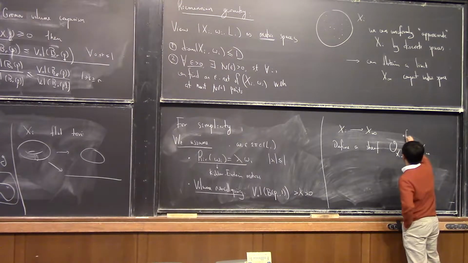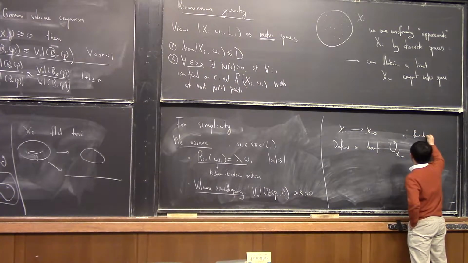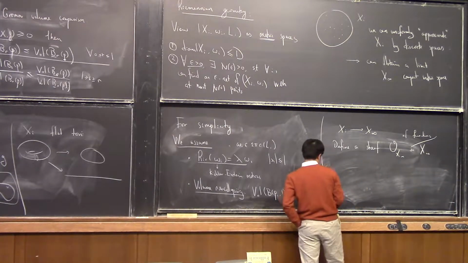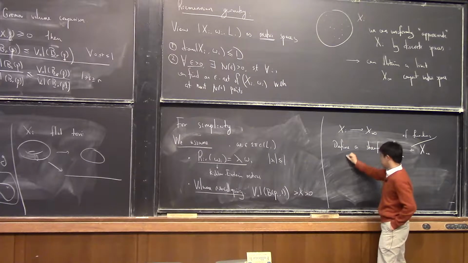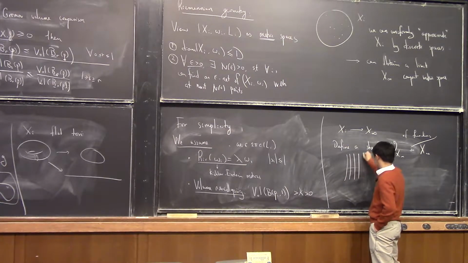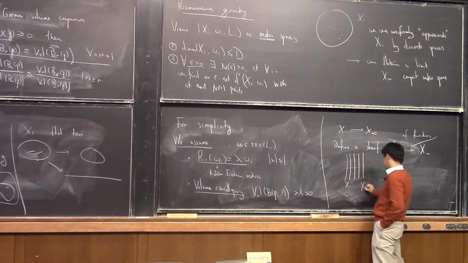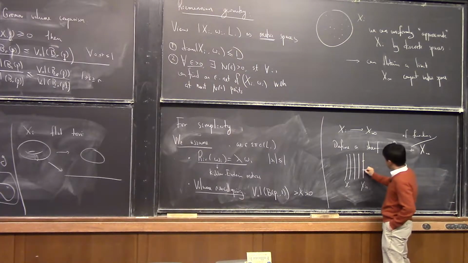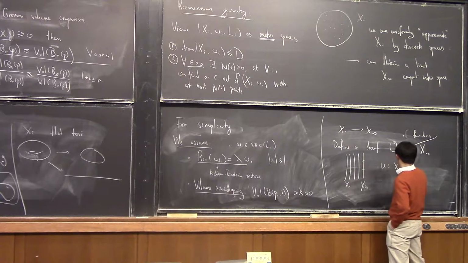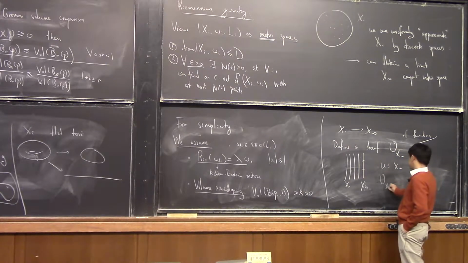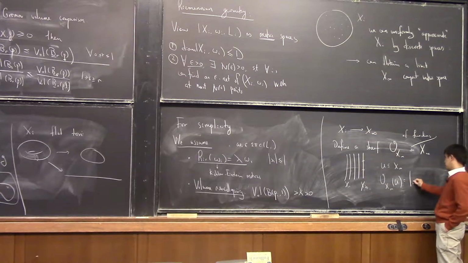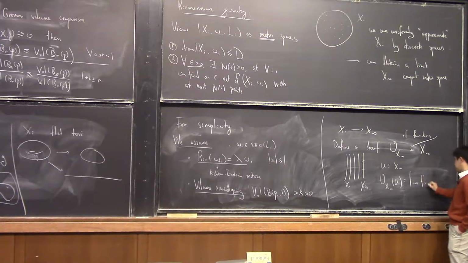We know we can choose this metric on the unit ball of Xi and X infinity. So if we fix an open set U in X infinity, we can define O of X infinity on U to be the limit.